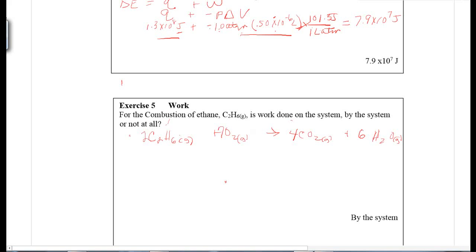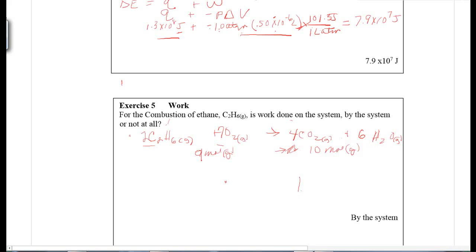Just looking at the coefficients, I have 9 moles of gas here, and I end up with 4 plus 6, or 10 moles of gas here.